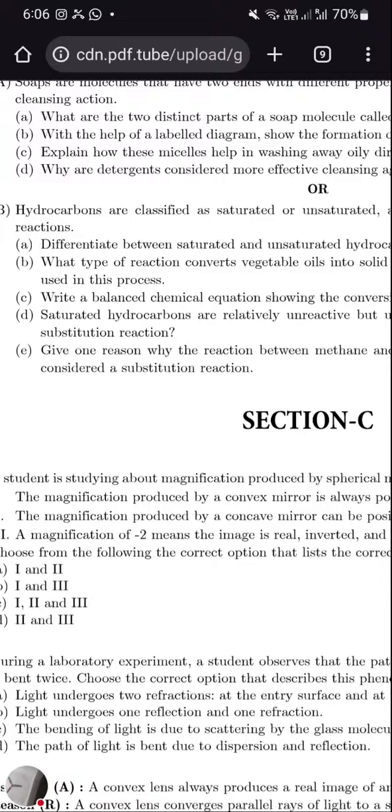So it forms CH3Cl, and the hydrogen which got removed combines with one more atom of chlorine to form HCl. As there is replacement of hydrogen with chlorine, we call it a substitution reaction. Saturated hydrocarbons undergo substitution reaction.